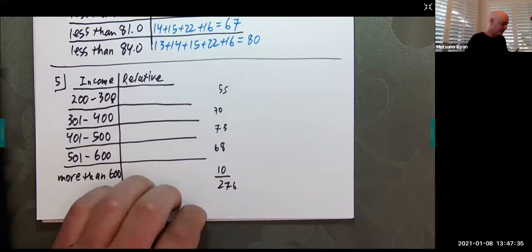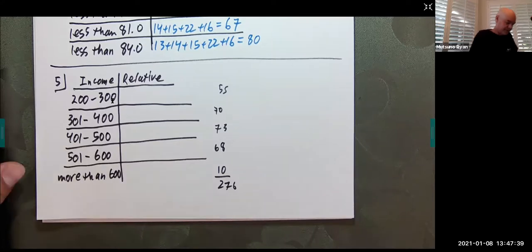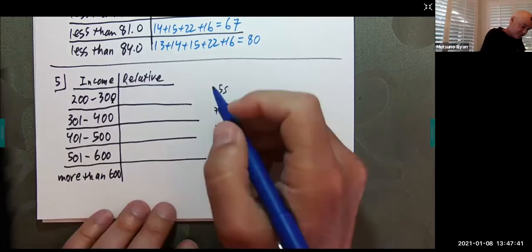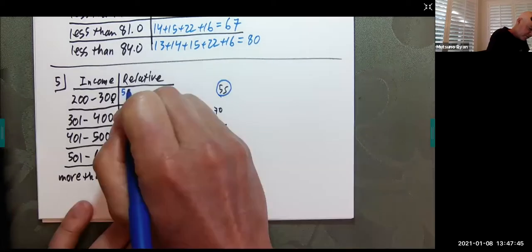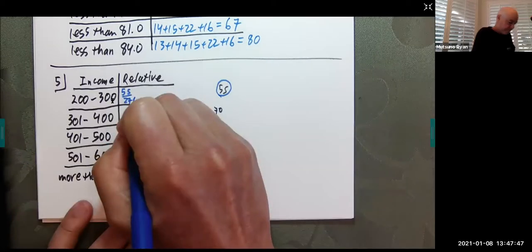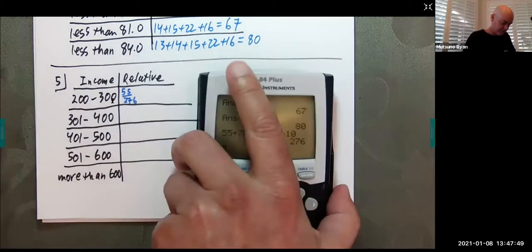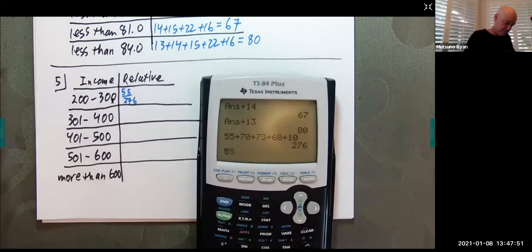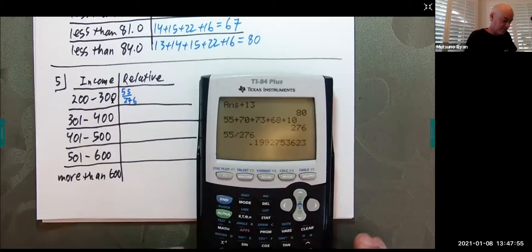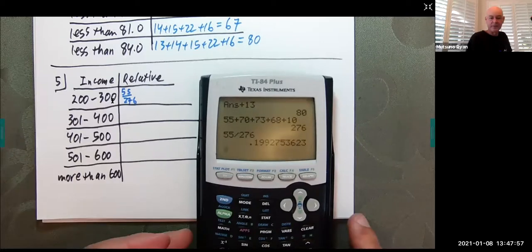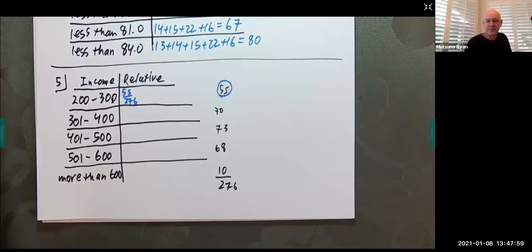So to find my relative frequency, I'm going to take 55 and put that over the 276, and I'm going to divide that out. And I'm going to write that in percent form, to the nearest hundredth of a percent.